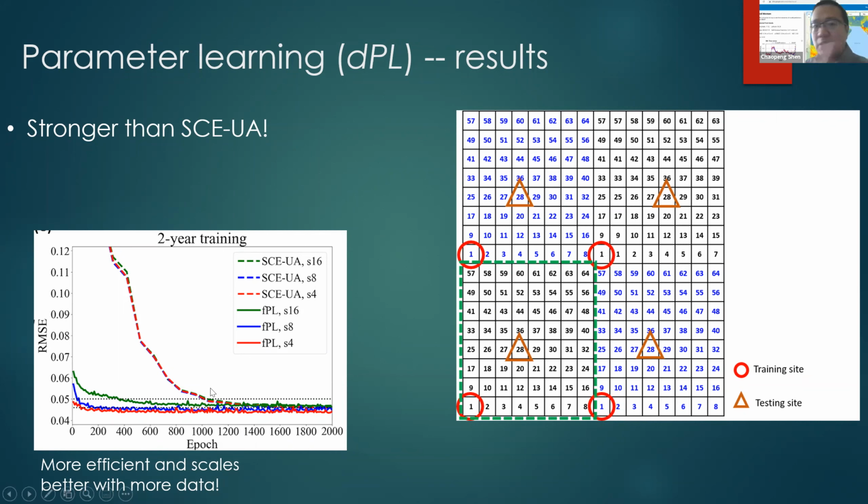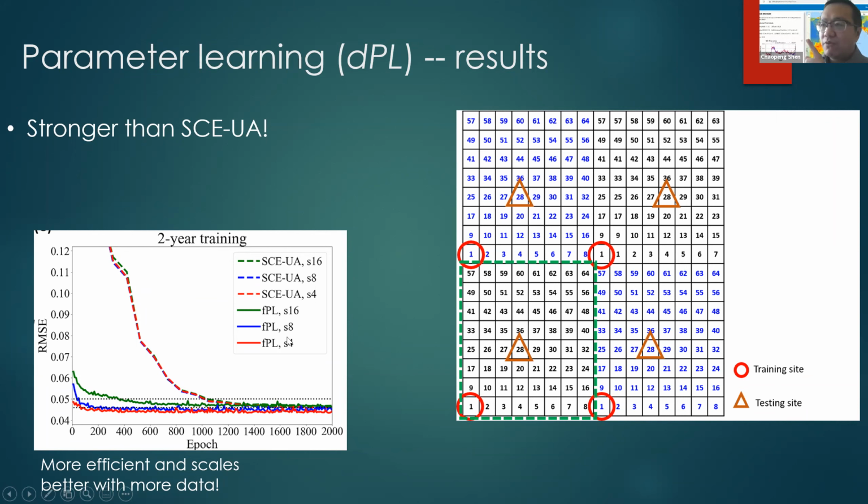These hydrological models are very similar to your column physics models, and very similar to your biogeochemistry models. But if I take one grid cell out of every 16x16 patch and train it, I can get down here in 300 epochs.